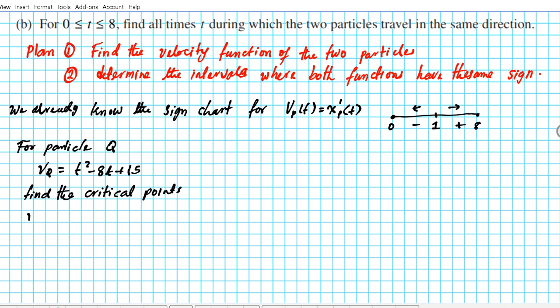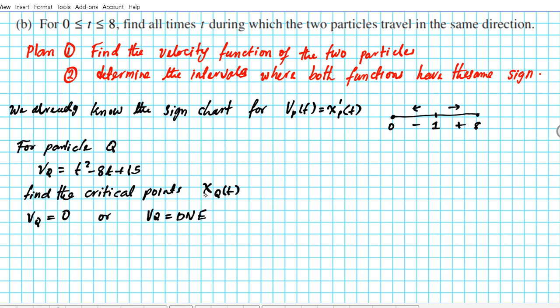Okay, so basically we're looking for where the derivative v sub q is equal to 0 or where the derivative v sub q does not exist. So we're looking for the critical points of the position function of particle q.